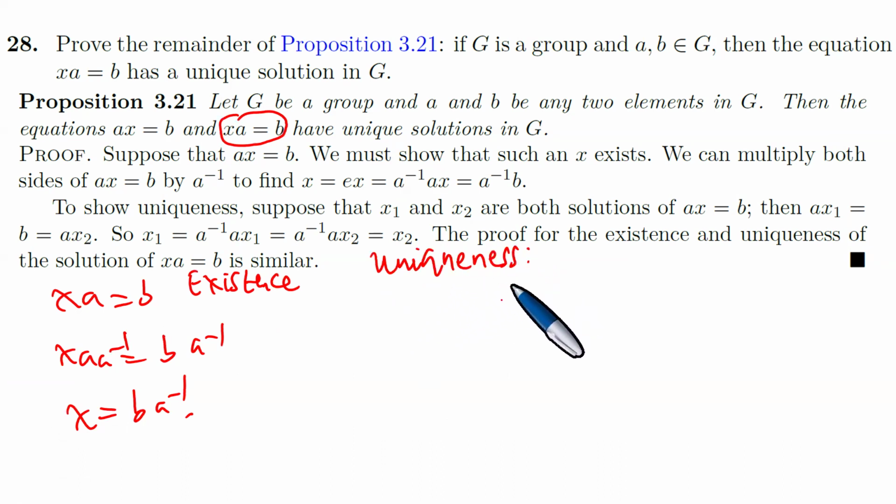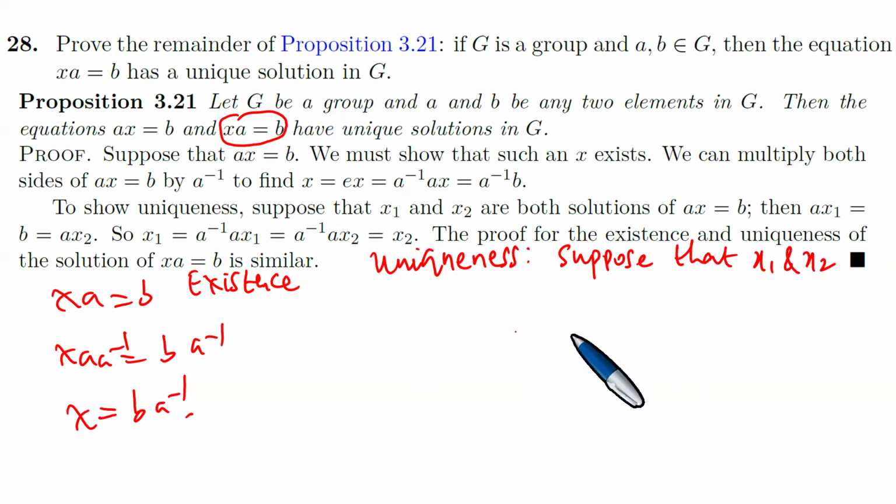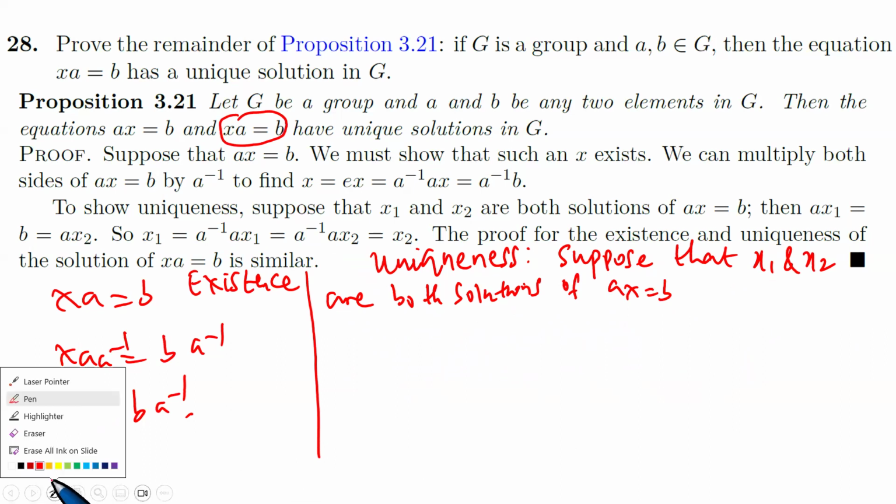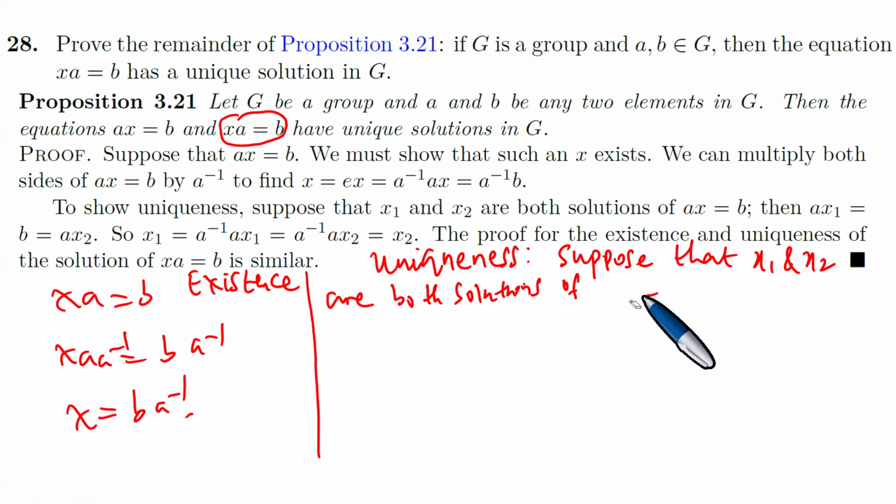What do we have? We suppose that x1 and x2 are both solutions of ax equals b, oh no, of xa equals b.